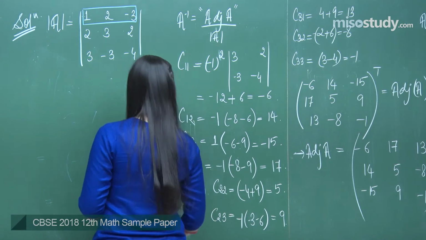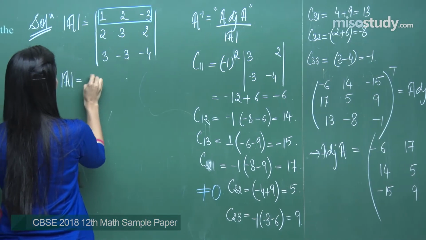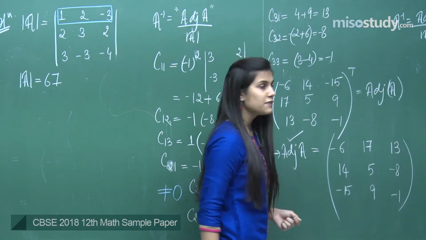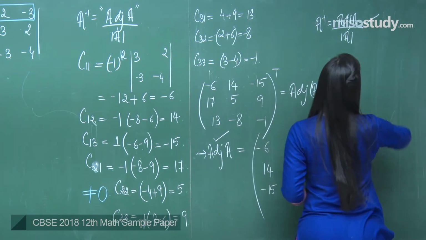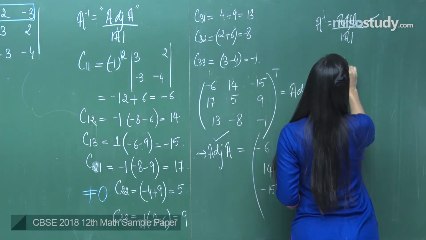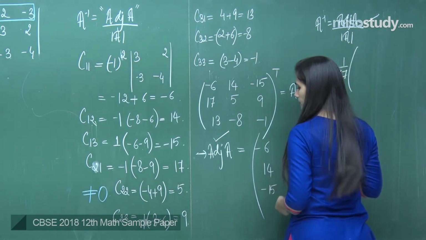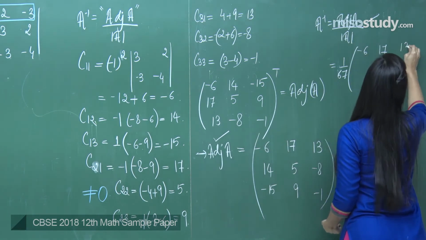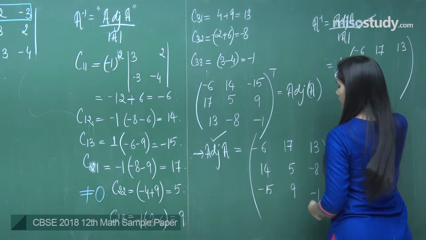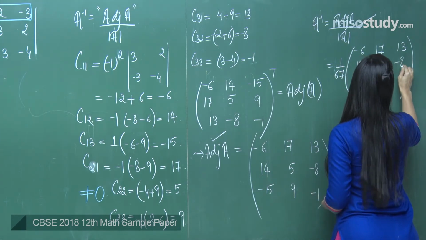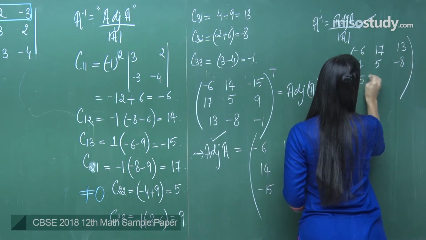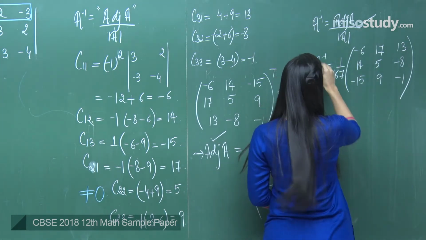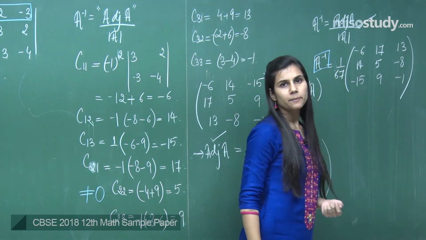The moment determinant is with us and adjoint of A is with us, we can very nicely find adjoint of A upon determinant of A. So that gives me 1 by 67, this entire matrix, minus 6, 17, 13, 14, 5, minus 8 and minus 15, 9 and minus 1. This happens to be my A inverse matrix.